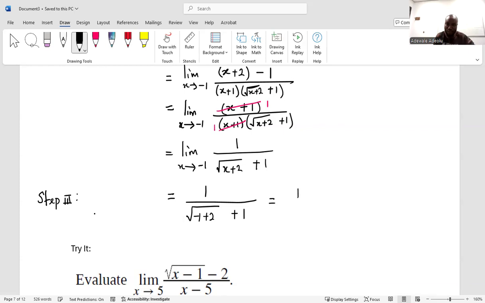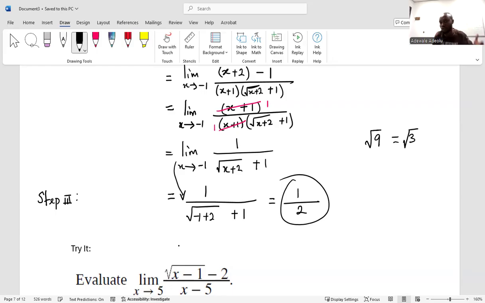And that is 1 over square root of 1, which is 1, plus 1, which is 2. So the answer is 1/2. See, once I use my limit, it disappears. I don't put it there again, similar to how once you say square root of 9 is 3, you don't put the square root on it again because you have already used it. So this is what you should have.